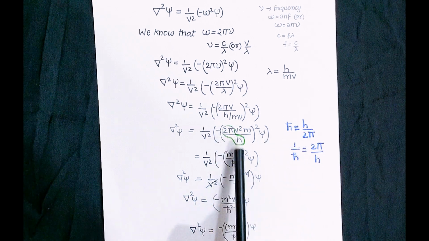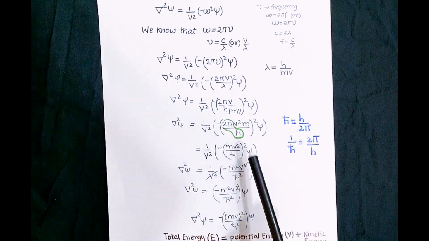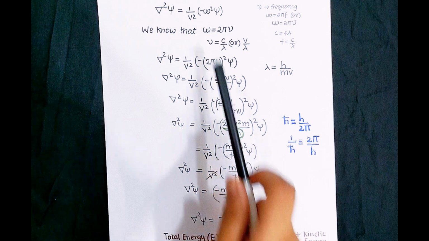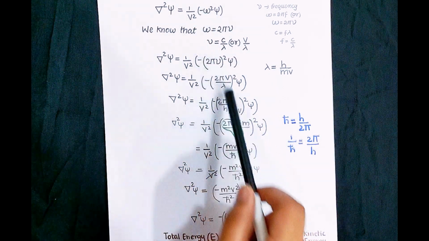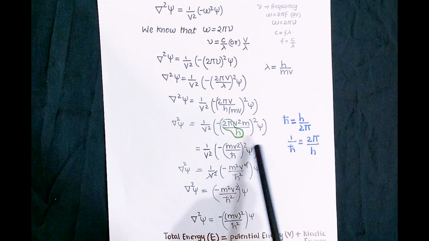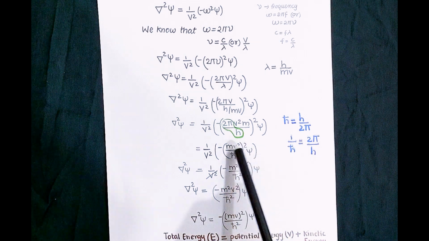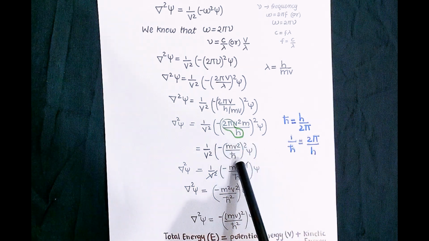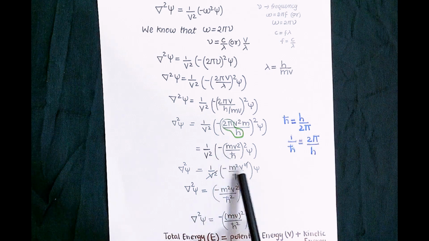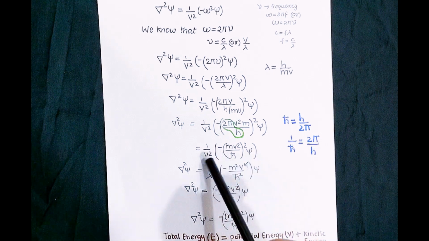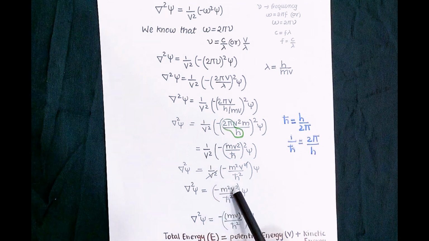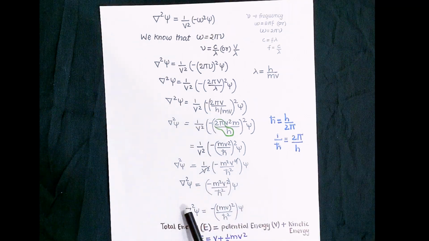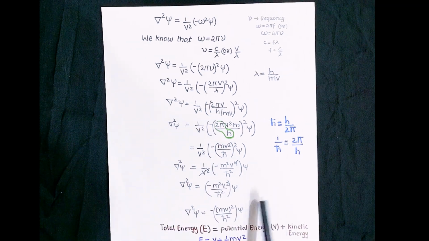So we will substitute 1/ħ here. Now we have squared here, because in that ω² we have substituted ω values like this, so we have to square it. We'll get m², v² whole squared is nothing but v⁴/ħ². Now we will cancel the outside v² which we had here. That is cancelled. We'll get m²v²/ħ². We get this equation.